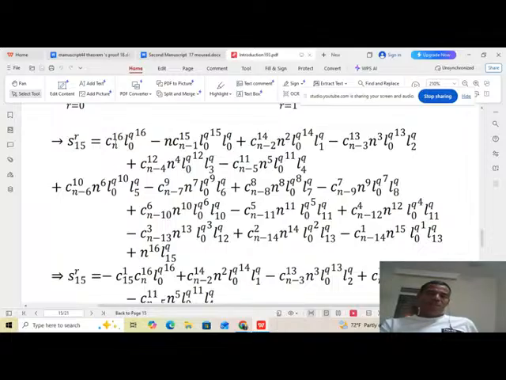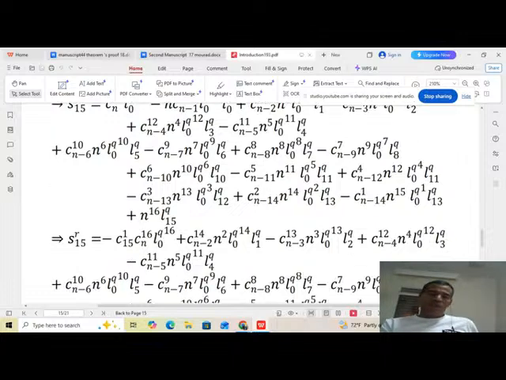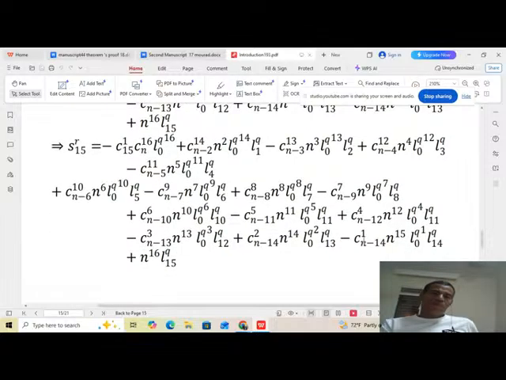You see this combination, n choose 16 minus n times the combination n minus 1 choose 15, is equal to negative 15 choose 1 times n choose 16. Just simplify the first two terms; the rest do not change. So this one is S15.